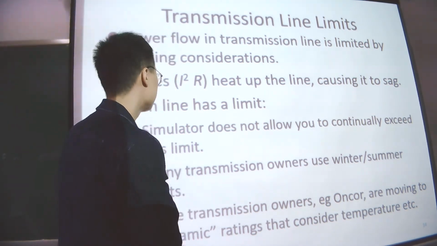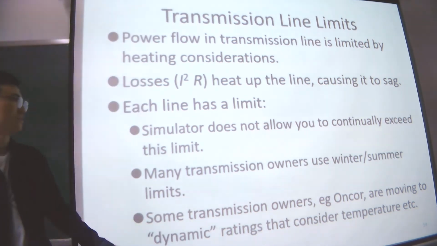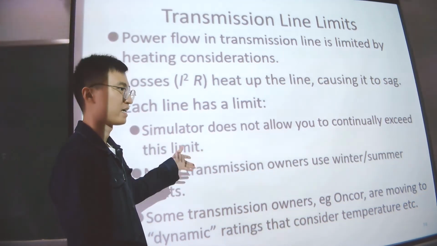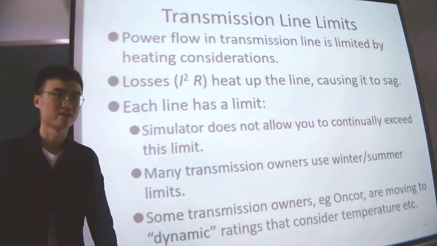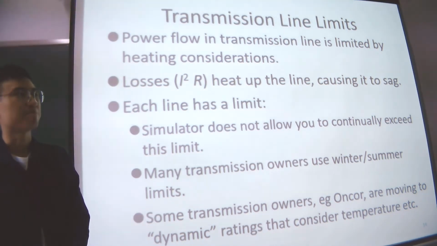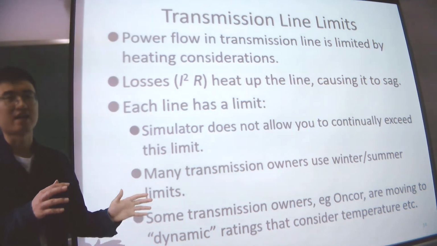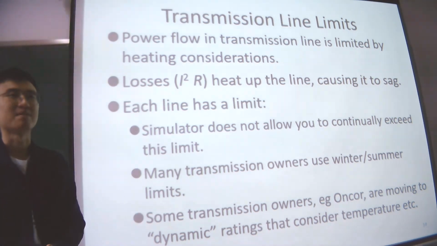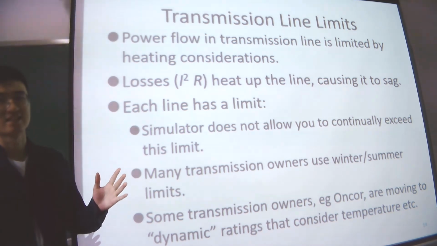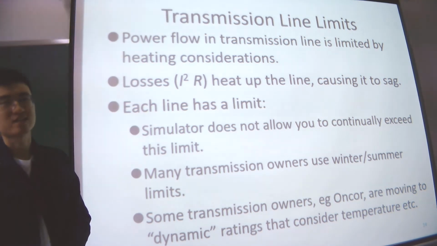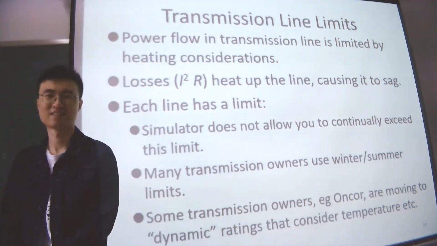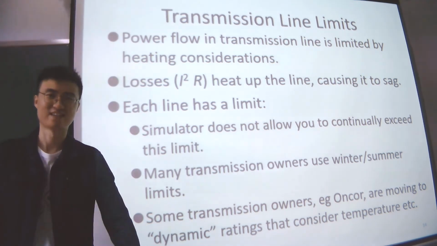So there will be a limit, and you cannot transfer more power than these limitations. In reality, the transmission lines can go a little bit higher than the limit, but almost no more than 5%. If you add an extra 50%, I'm going to make sure that the transmission lines will disappear.